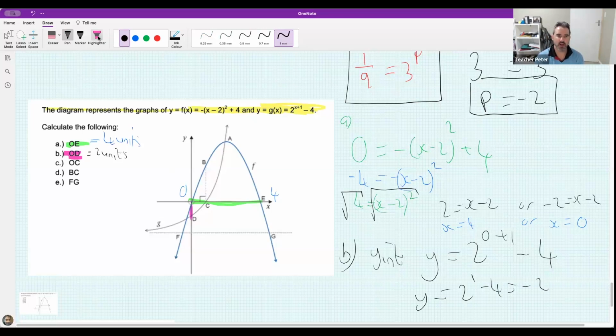Okay, find me OC, which is that distance there, that little bit. So find me what OC is, and find me what BC is. And BC is this vertical distance here. See if you can find those two.